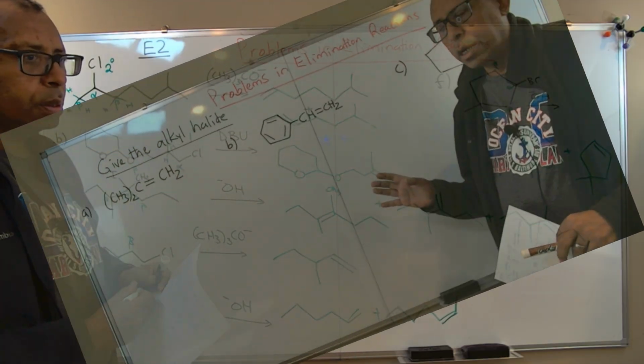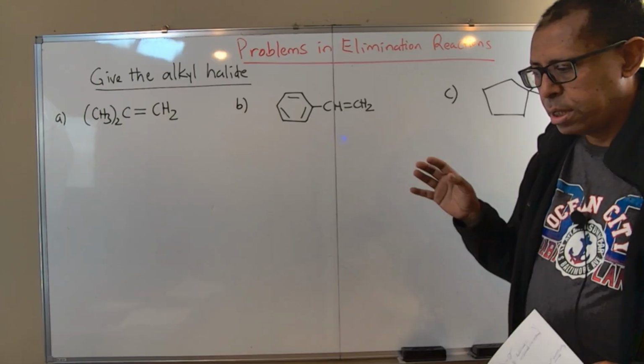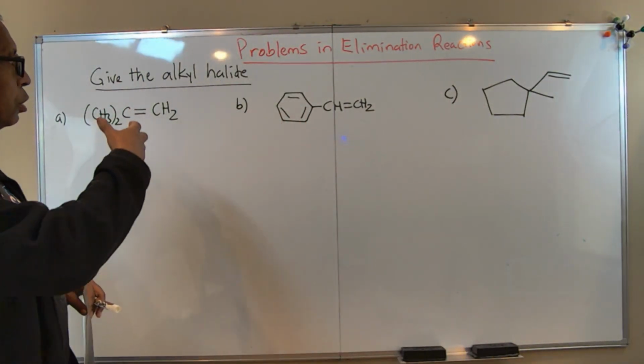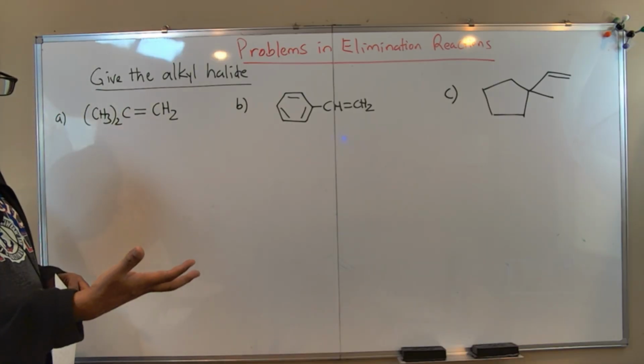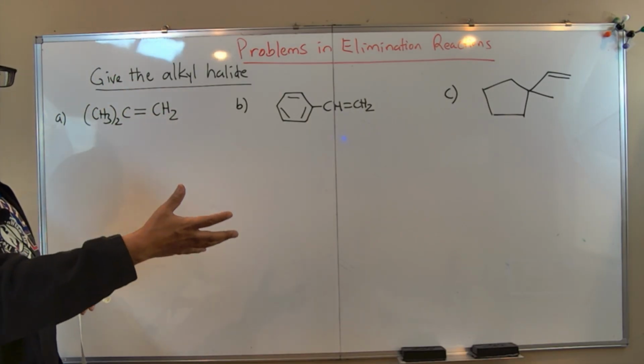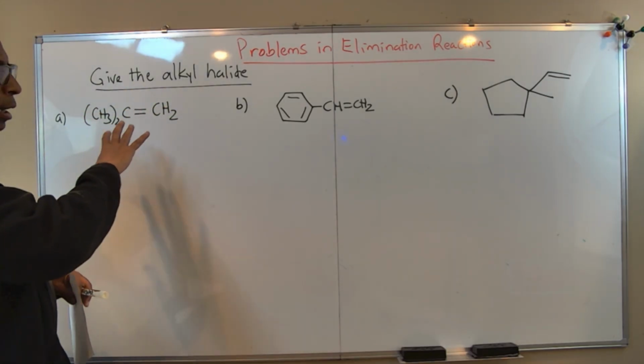Here there are questions. These 3 compounds are given as a product. That means these are the alkene products generated from an alkyl halide. If you have an alkyl halide, if you treat it with a strong base, or if you do E2 reaction, you'd produce an alkene.